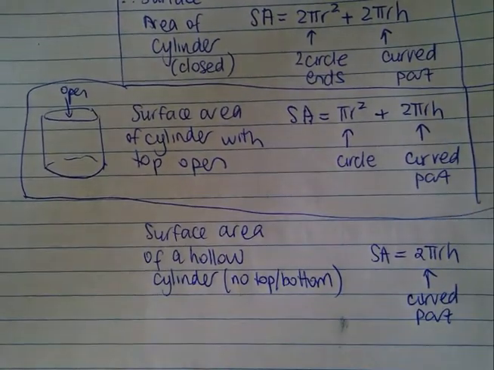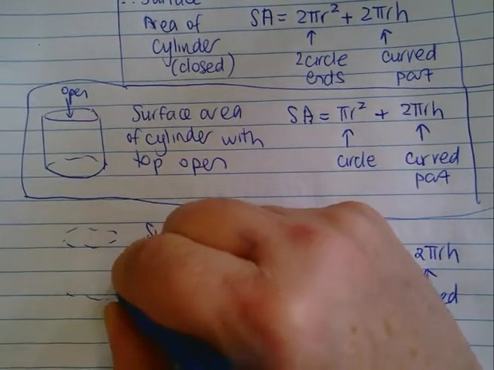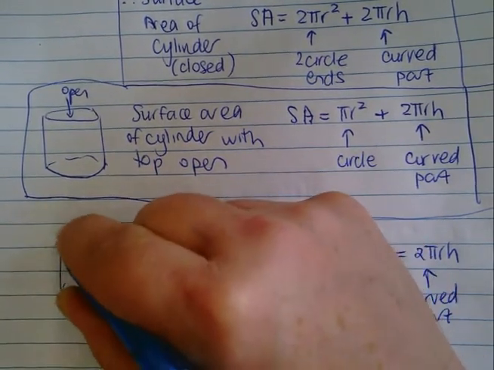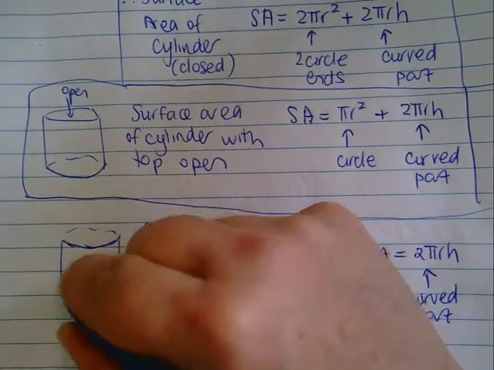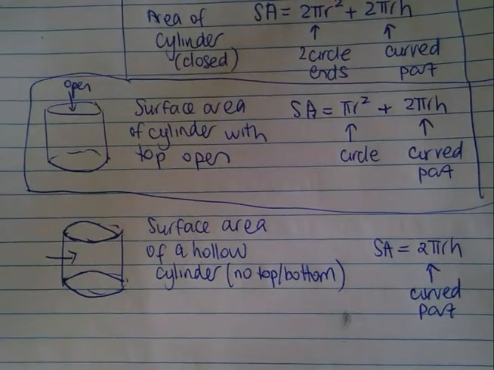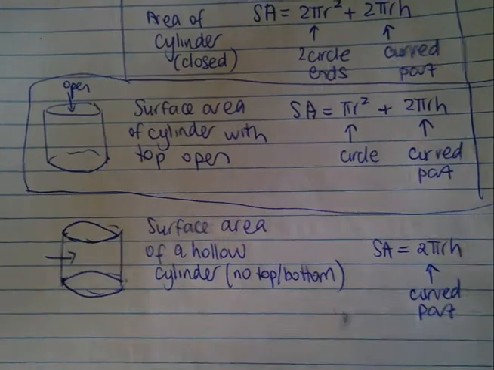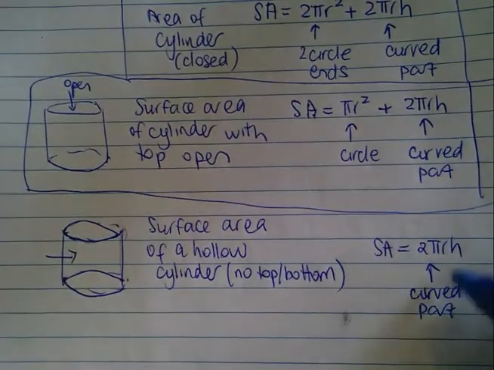So the surface area of a hollow cylinder with no top or bottom is only the curved part. I know they all look the same, but I've only got that bit. The top and the bottom are open. That's why you need to recognize 2 pi r h as the curved part.